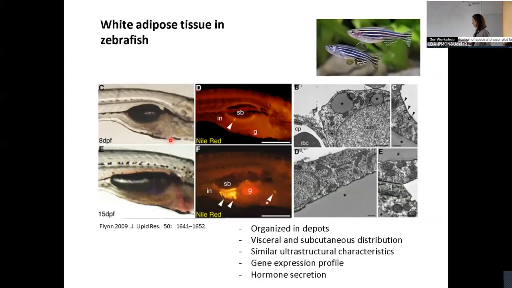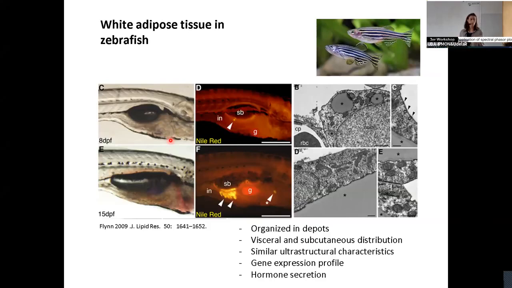One of the problems when I started to work on this was that there were no fish lines developed to label adipocytes. All the visualization of adipose tissue relied on lipophilic dyes, so we were looking just at fat, not the whole cell.